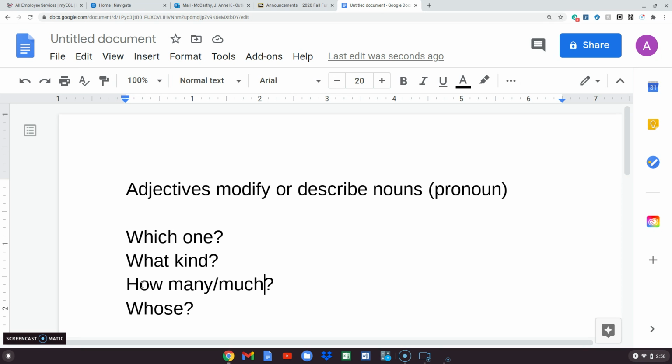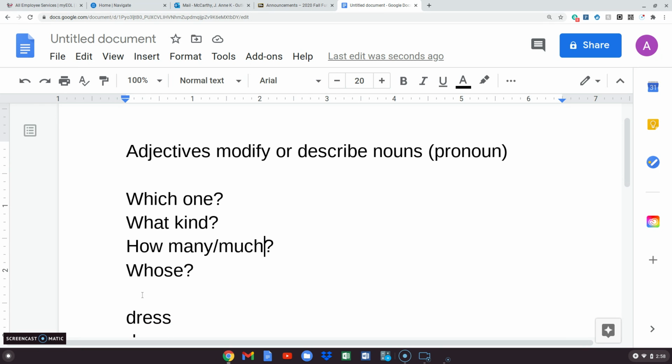So for example, here's a noun. If we have a dress, and if I were in the classroom, I would ask you to volunteer a color, but I'll just say off the top of my head, red. So if you think about a dress, and then when you say red dress, it changes the picture in your head. So what adjectives do is they describe the noun.